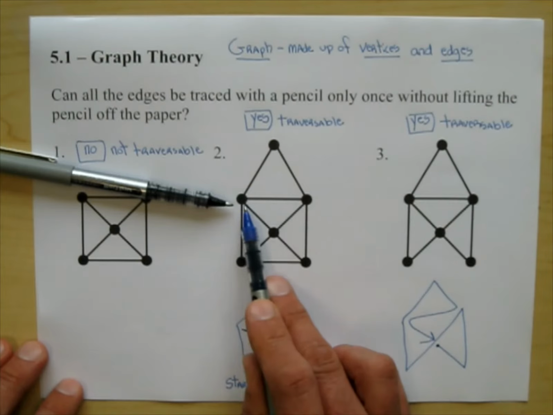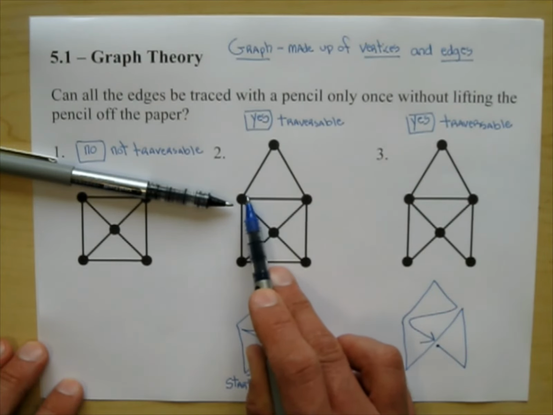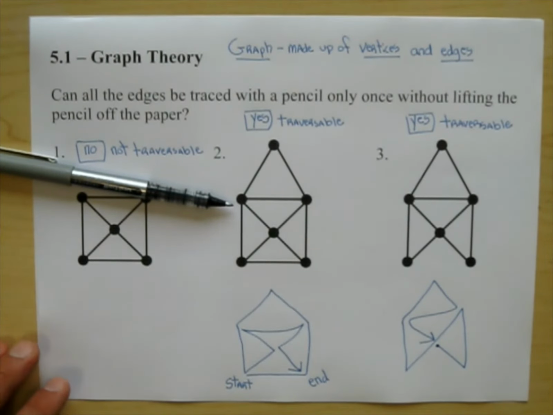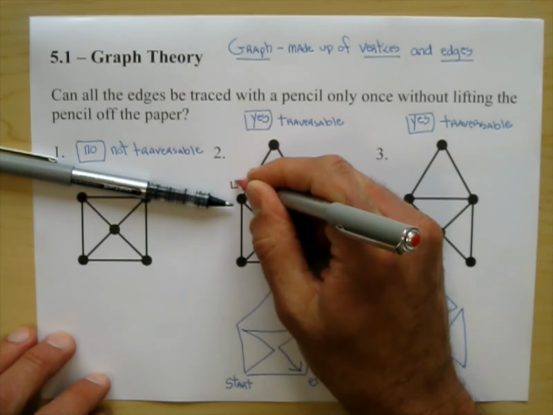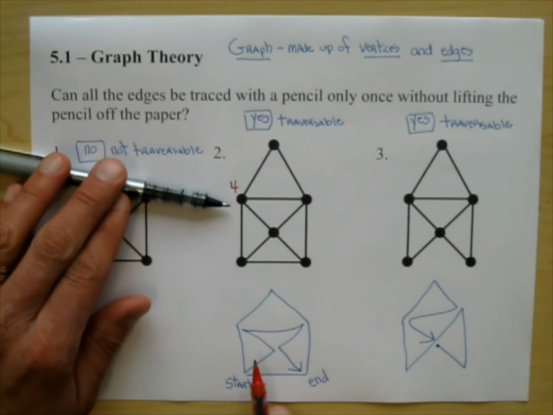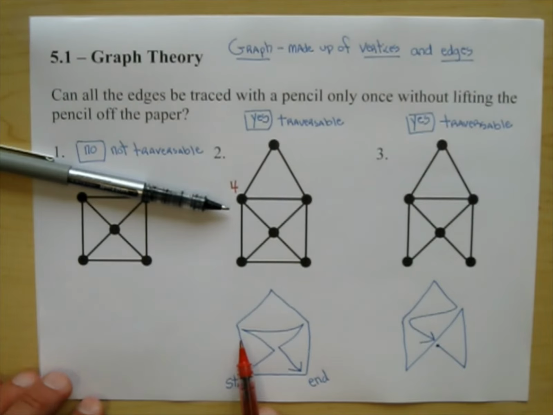So this city here, if you look at how many edges are coming out of it, there are 4 edges coming out of that city, out of that dot. And that kind of makes sense because on your journey, you had to enter that city 2 times, and you had to leave that city 2 times because it wasn't your starting point, it wasn't your end point.